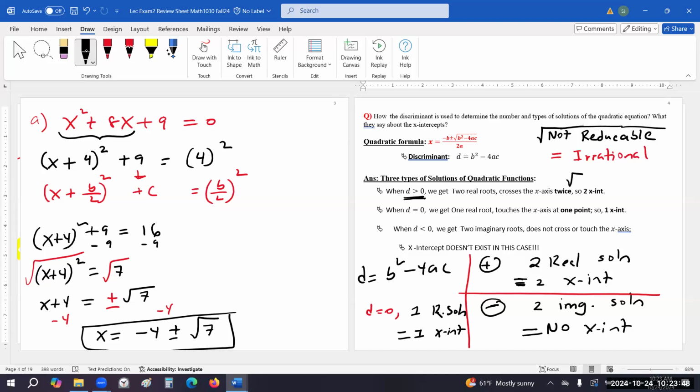But if you have a perfect square number inside the square root, that means it's reducible. You can get rid of the square root. So it's called rational. So irrational means the number inside the square root is not reducible. And if this number is reducible, meaning you can get rid of the square root, then it's rational.